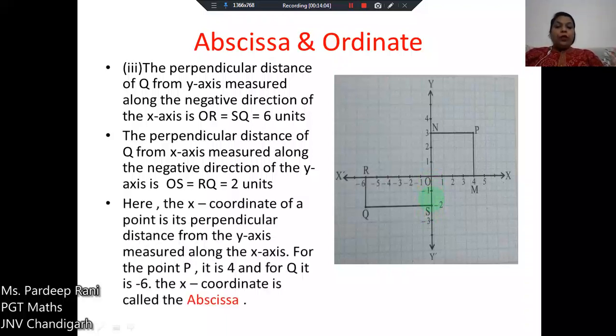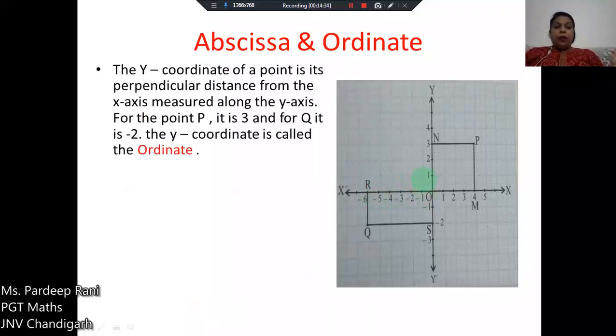So what do we conclude? The x coordinate of a point is the perpendicular distance from the y-axis measured along the x-axis. For the point P, it is 4 units, and for the point Q, it is minus 6. So the x coordinate is called the abscissa.